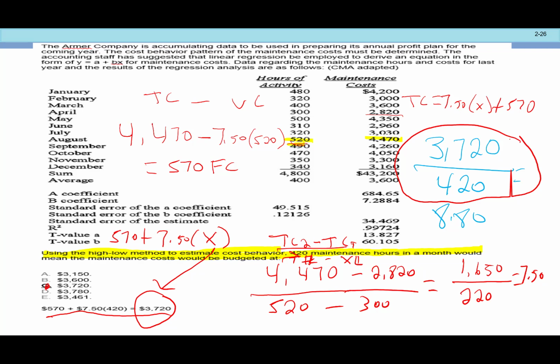Right? $8.80 per hour. So if I work 7 hours, on a job, what's the overhead I'm going to apply to that job? Yeah. Huh? 62, you say? Is that what you said?